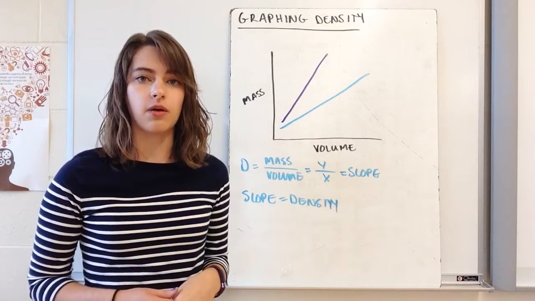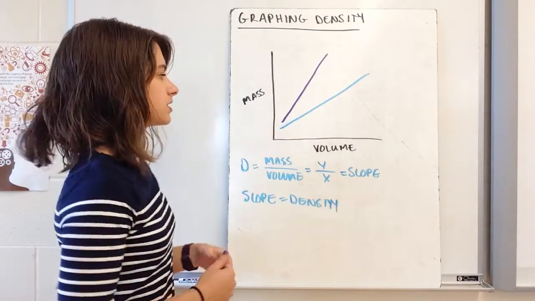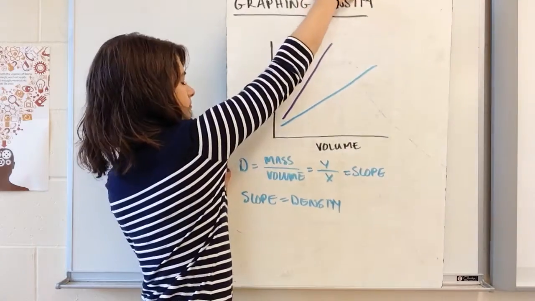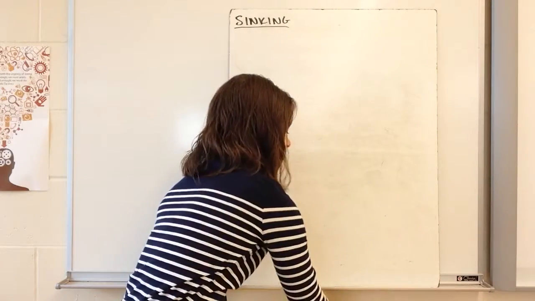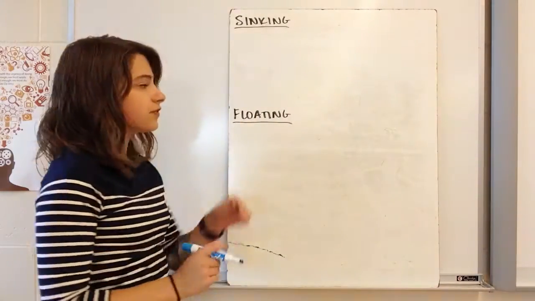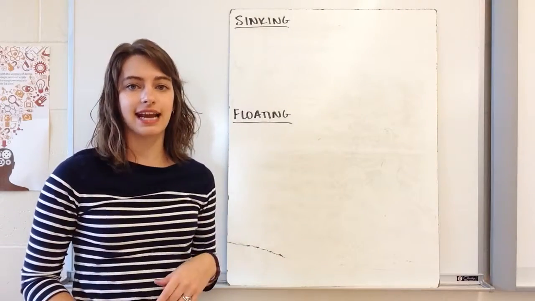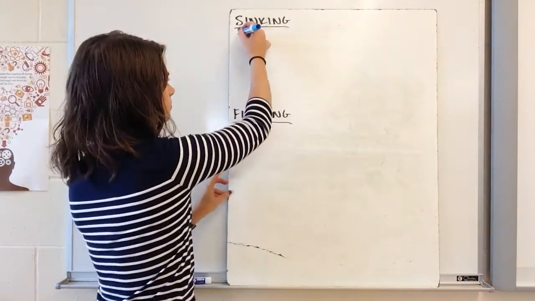Let's talk about how we can use density to determine if something will sink or float. In order for something to sink, it has to have a greater density.